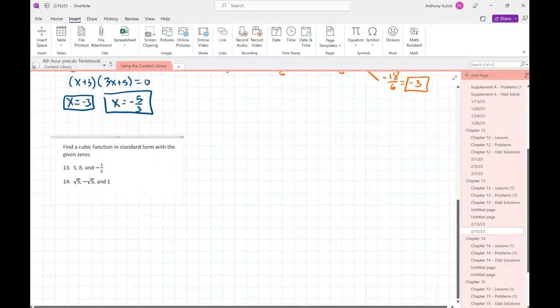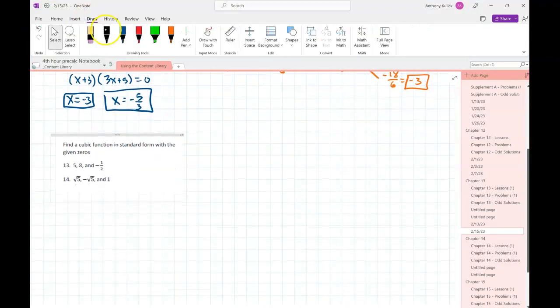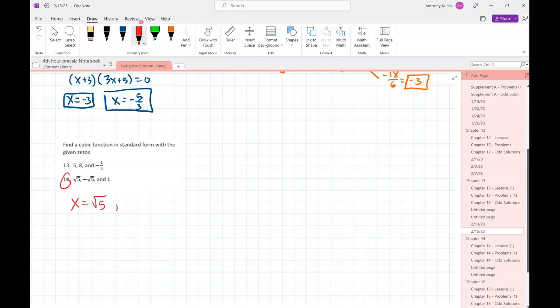Okay. So if I know that my function has the zeros of √5, -√5, and 1, I know that those are also solutions to the equation f of x equals 0, right?